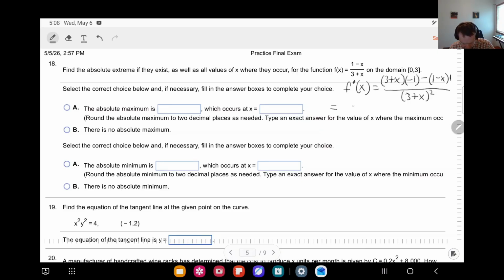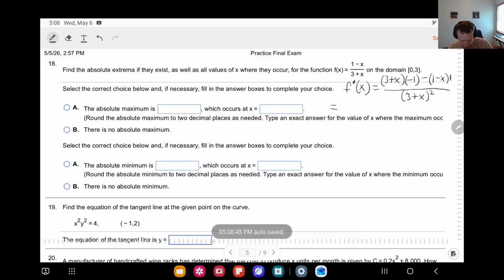Okay, let's simplify that. So the x's will cancel, because I have a negative x here and a double negative, so positive. So the x's cancel. And what's left? A -1 times 3, so -3, then -1.